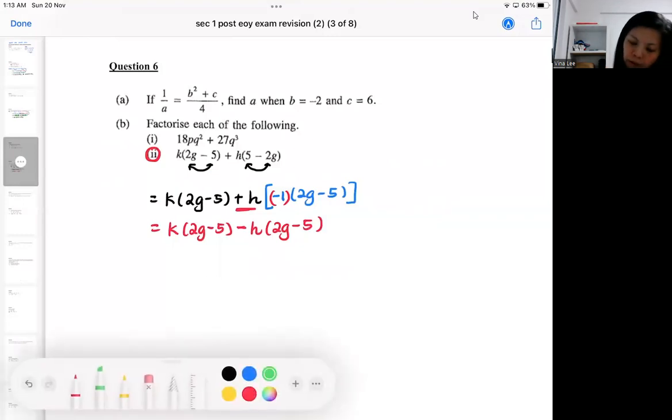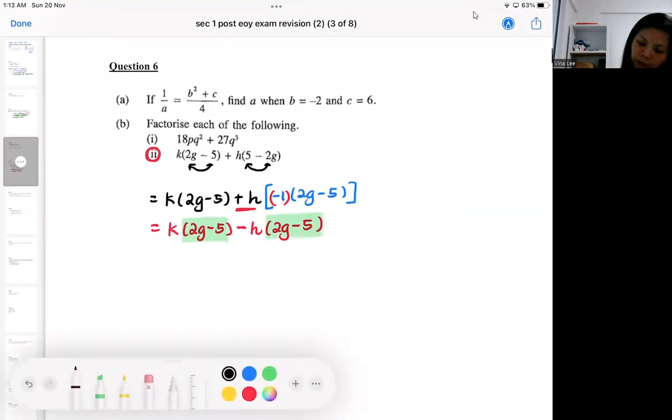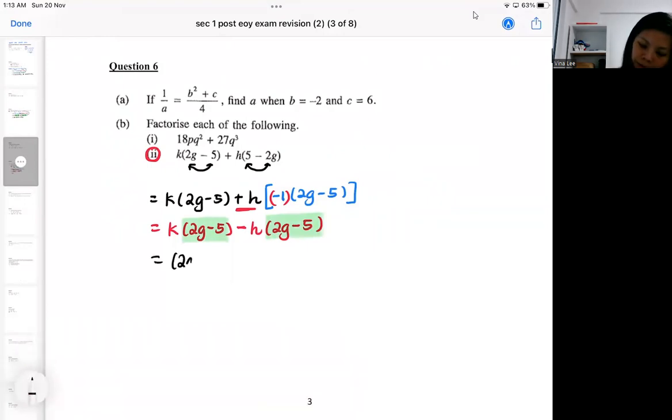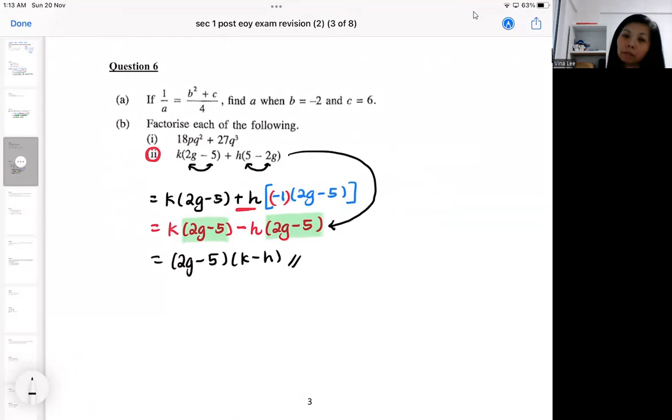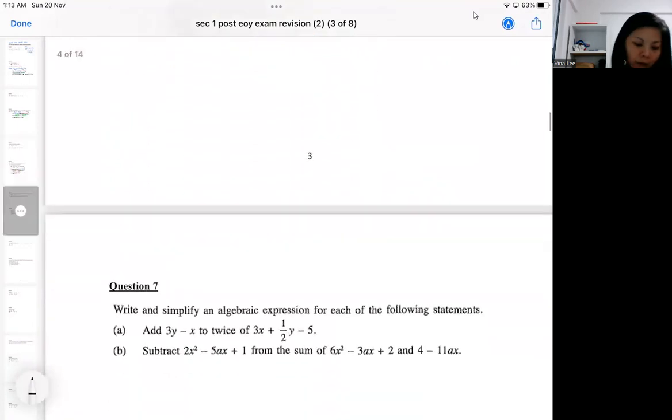And you will get the same bracket to factorize out as the final answer. Some people will directly come to this part. If you can directly come to this part, then that's also correct.